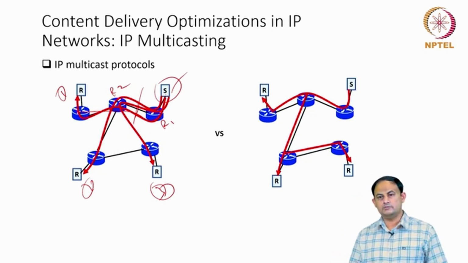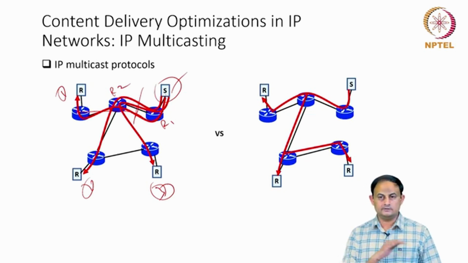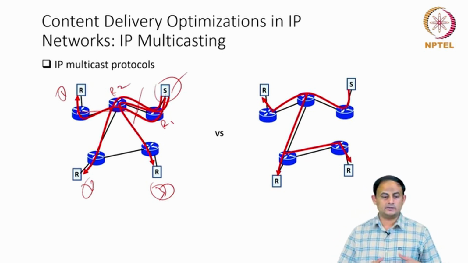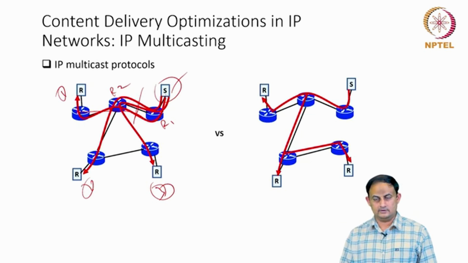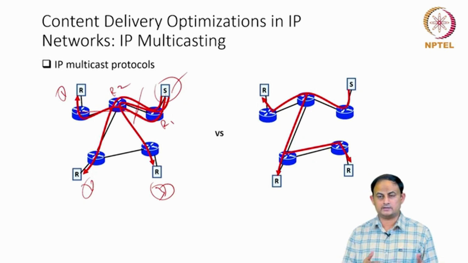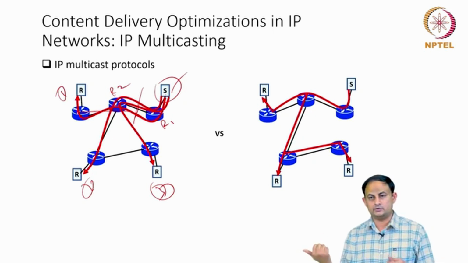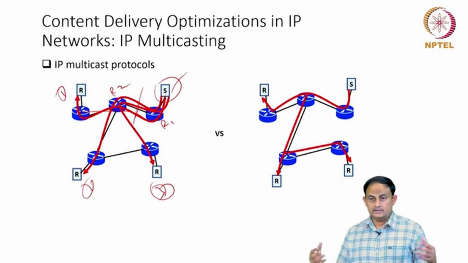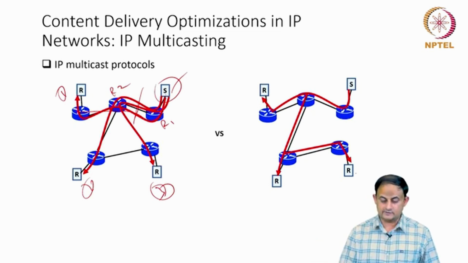In order to reduce this transmission burden, we designed something called the multicasting routing protocols, where we take the end users and tell the nearest router, I am going to join so and so multicast group, so add me to that group. Let us say this guy comes and he joins.